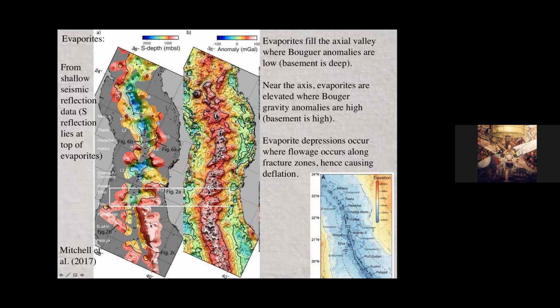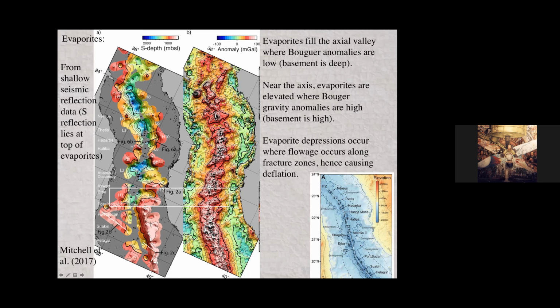Here I'm showing the top of the evaporites determined from shallow seismic reflection data. And what you see in the areas, this is one of these intertrough zones. Where we have the intertrough zones, the evaporites on the flanks are a bit deeper. And this is simply reflecting the compensation.